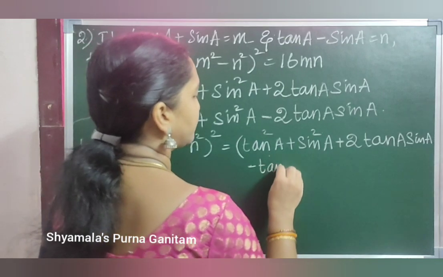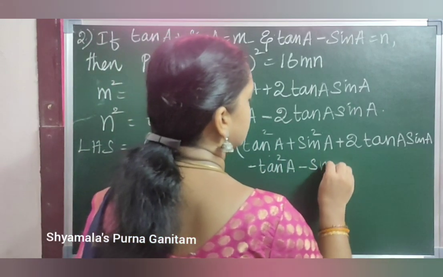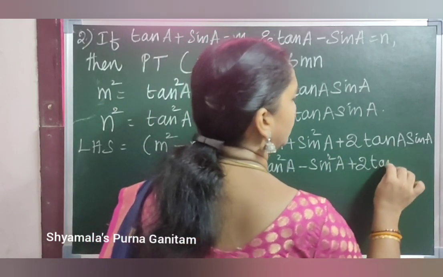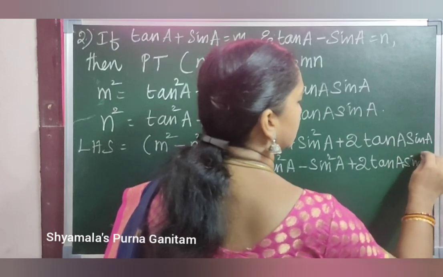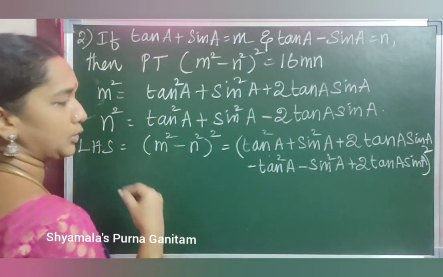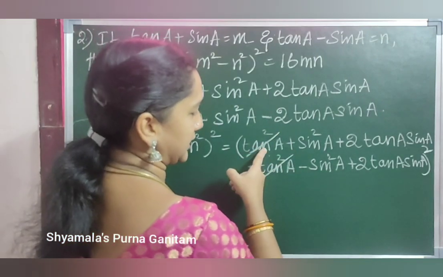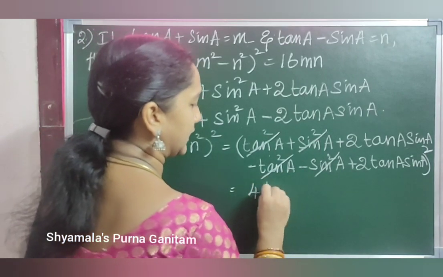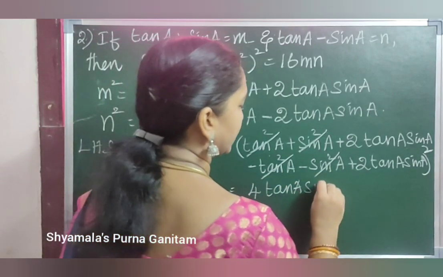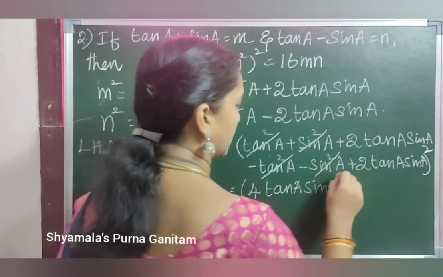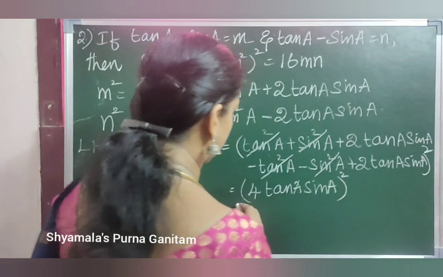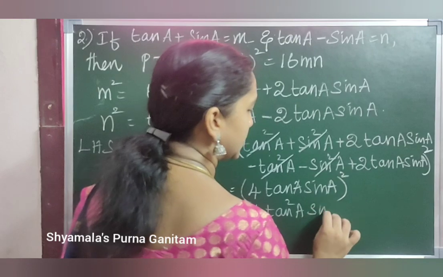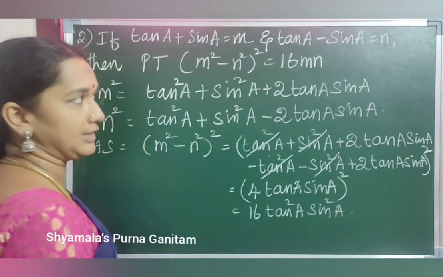So minus tan squared A minus sin squared A, plus, here minus is there, so it will become plus 2 tan A sin A, the whole square. This is only given in the question. So everything will get cancelled. Plus tan squared A minus tan squared A, plus sin squared A minus sin squared A will get cancelled. So the balance I will get is 4 tan A into sin A the whole square. So this is equal to 16 tan squared A into sin squared A. This is my LHS. Okay.